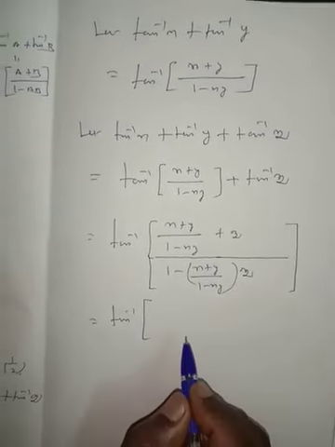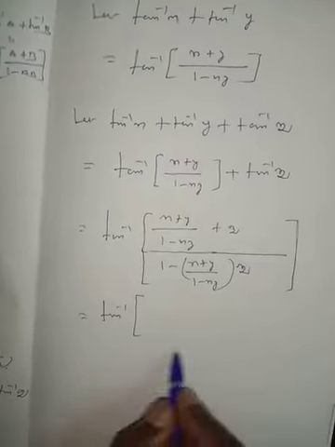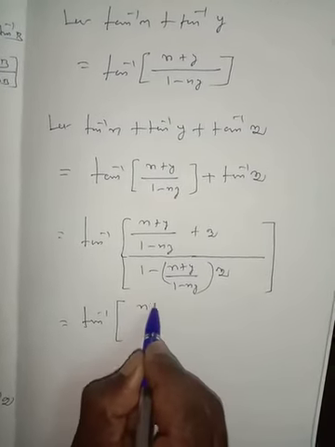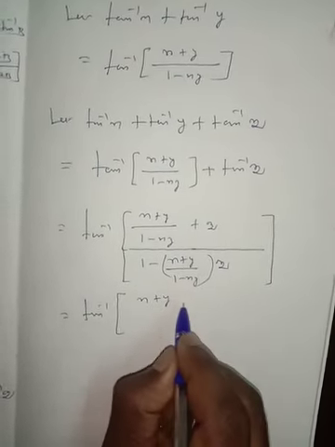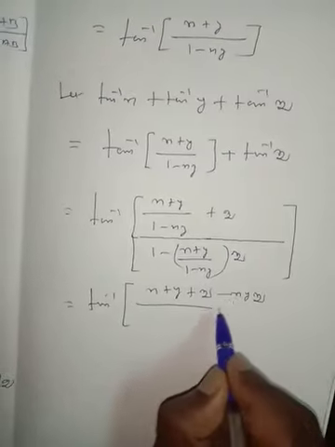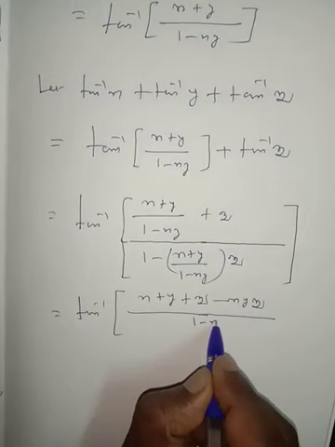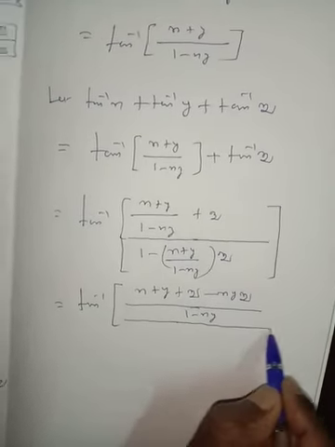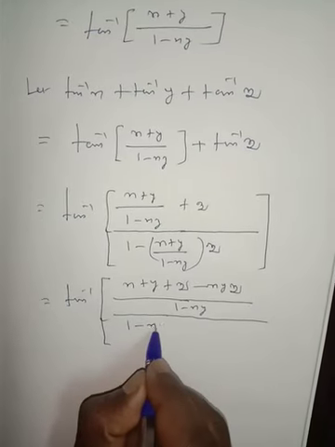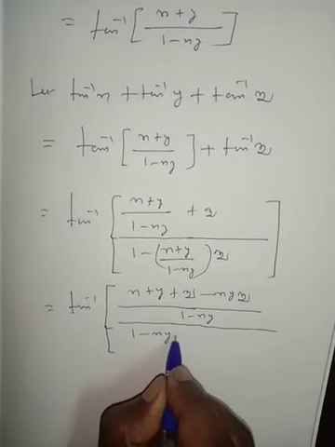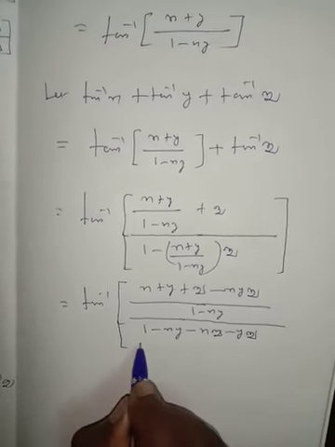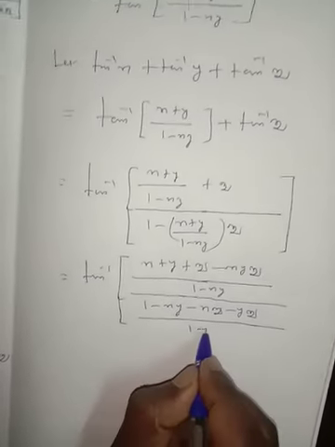Is equal to tan inverse of, taking LCM, we have x plus y plus z minus xyz whole divided by 1 minus xy, whole divided by, cross multiplying 1 minus xy, next minus xz minus yz, divided by 1 minus xy.